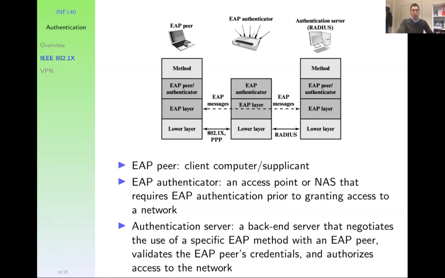So we have this message, like this client computer, then the authenticator. Here is this access point. It's not necessarily always a wireless access point. It could be a wired connection.